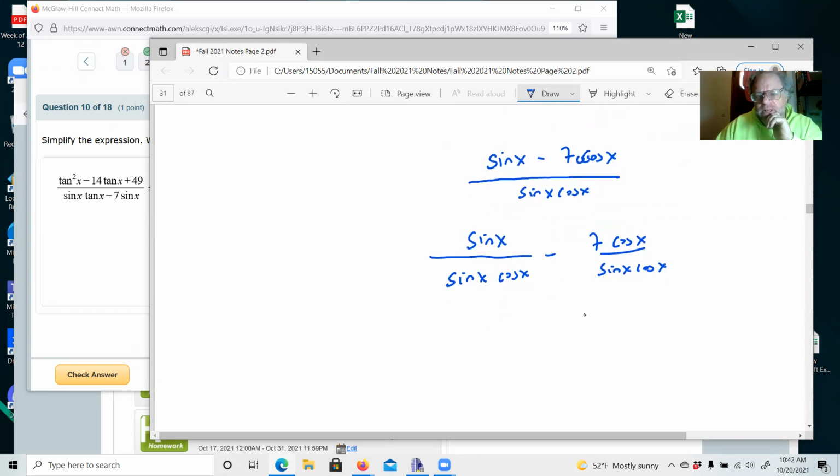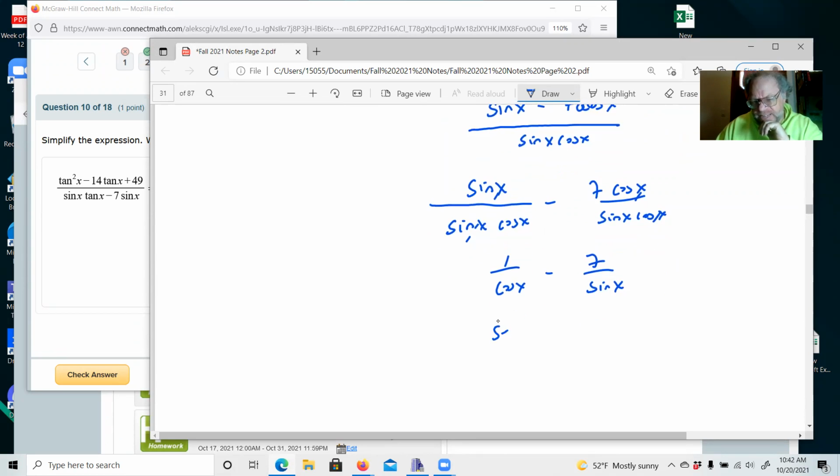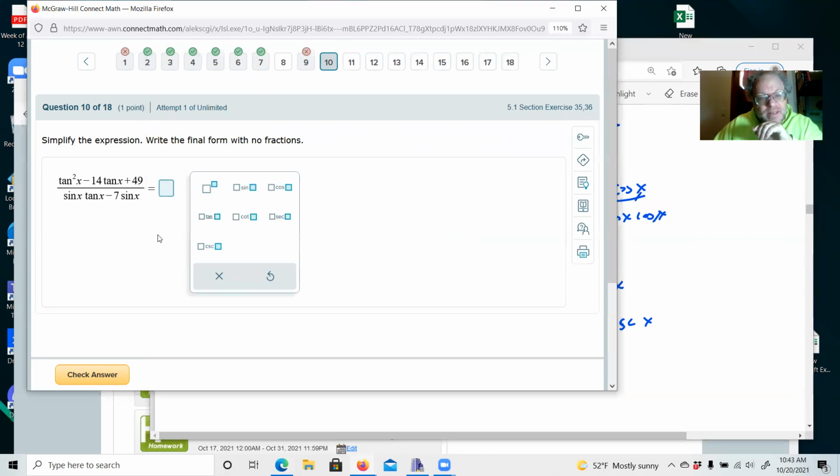All right. So this is going to be 1 over cosine x minus 7 over sine x, which is going to be a secant x minus 7 cosecant x. Let's try that. Okay, so this doesn't require any parentheses.